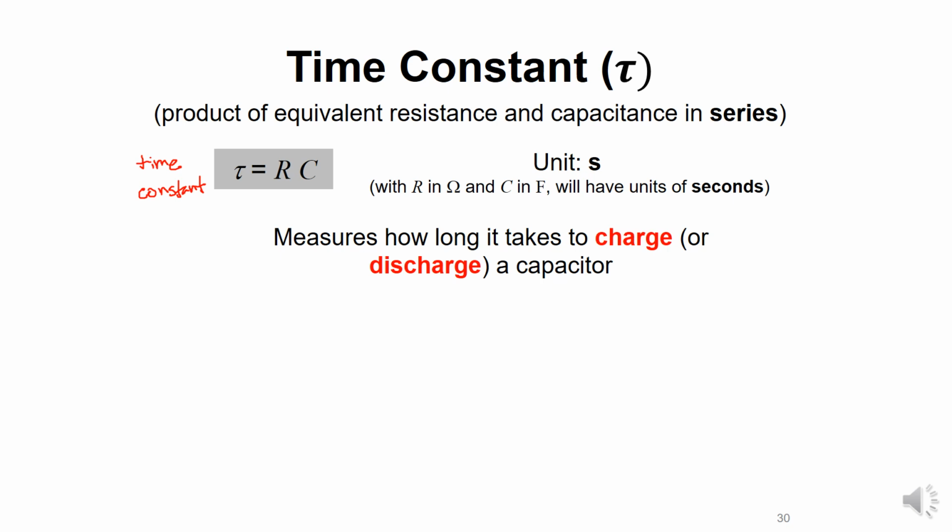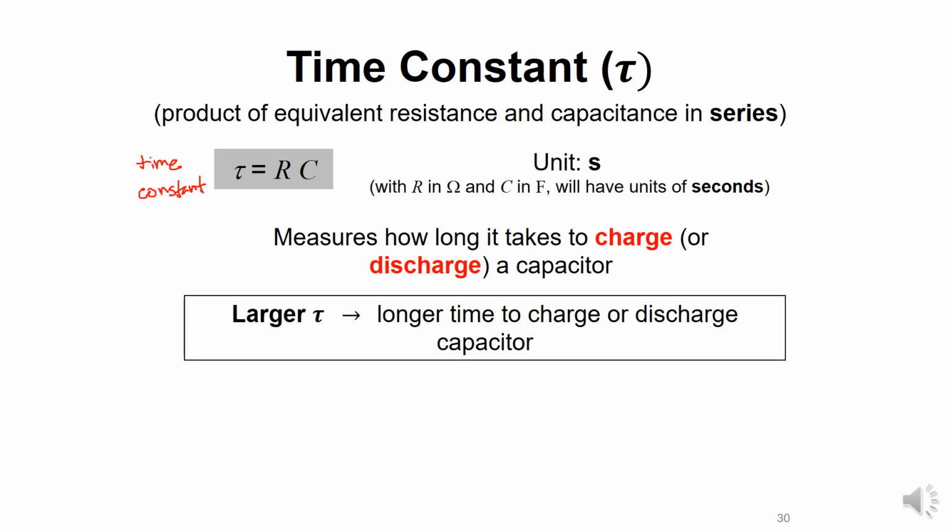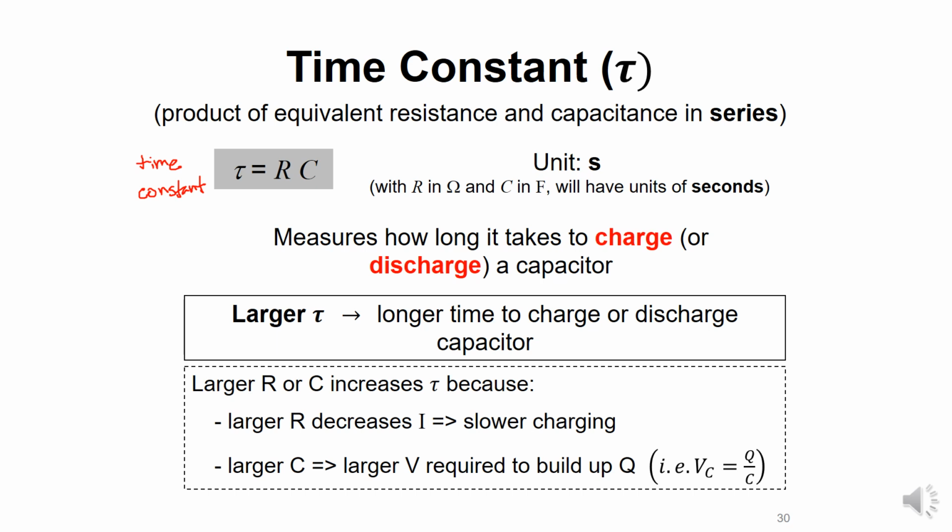A bigger time constant means it takes longer, so the charging process is slower, and a smaller time constant means it takes less time, so the charging process is faster. So this is what tau tells us. Larger tau means longer time to charge or discharge, so a slower rate.